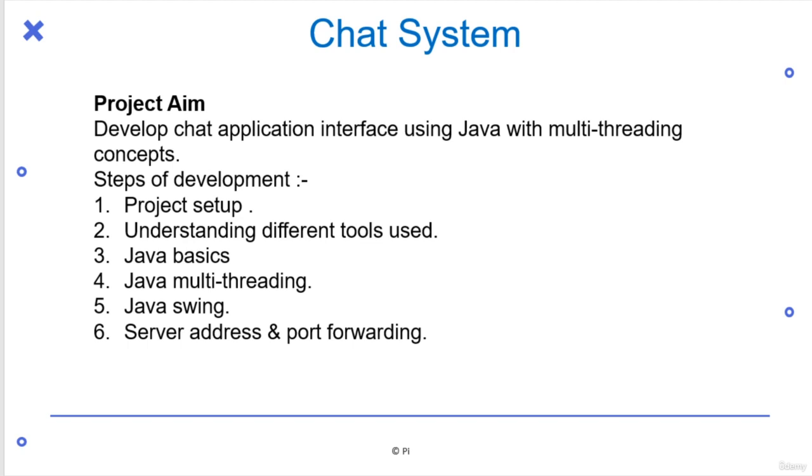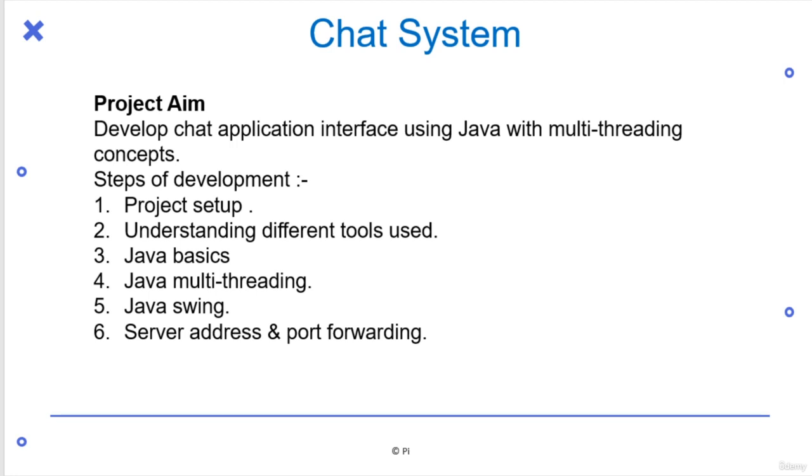So let us see what tools we require here. First tool is an IDE, but before that let us consider the steps of development for our project. The first thing you should always remember is that we are going to create a chat system.